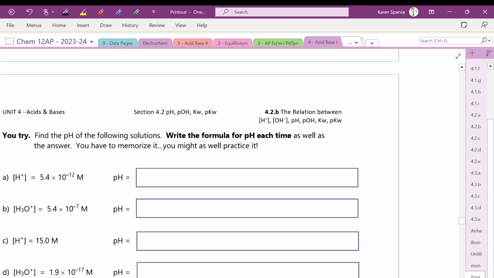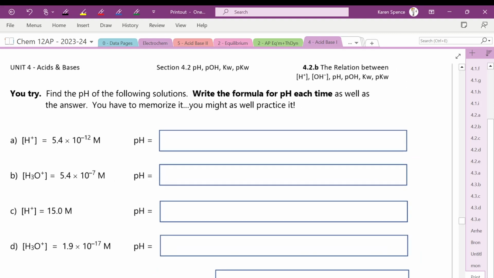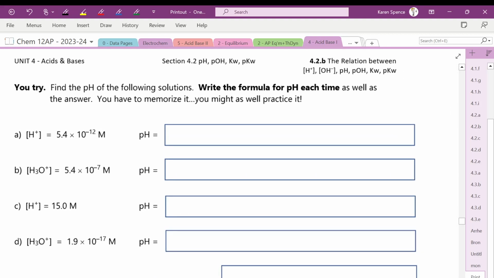How about you try these? Write the formula for pH each time. You might as well, you have to memorize it, and see if you can get them to the correct sig figs.